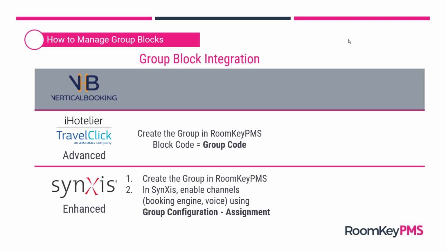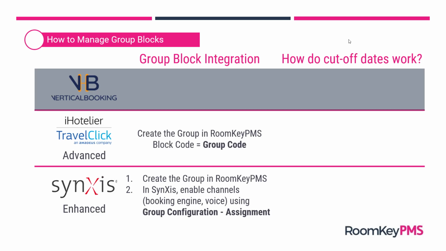Now, because groups can be so customizable, there may be some additional questions you have as you're looking to manage these on these two connectivity partners. One of the first questions that we always get is how do cutoff dates work? So in RoomKey, you can set up a cutoff date when you create your group.